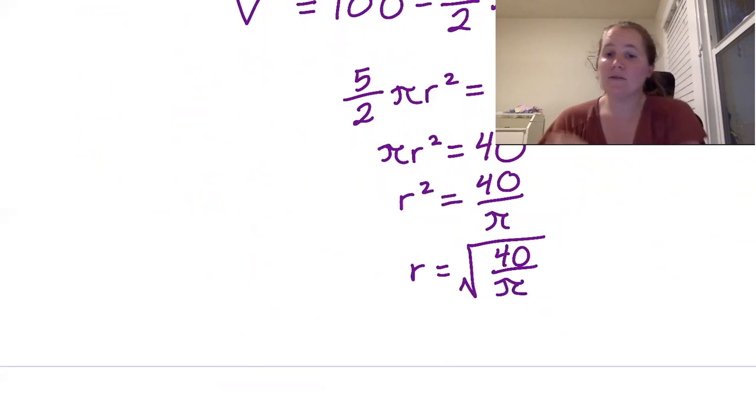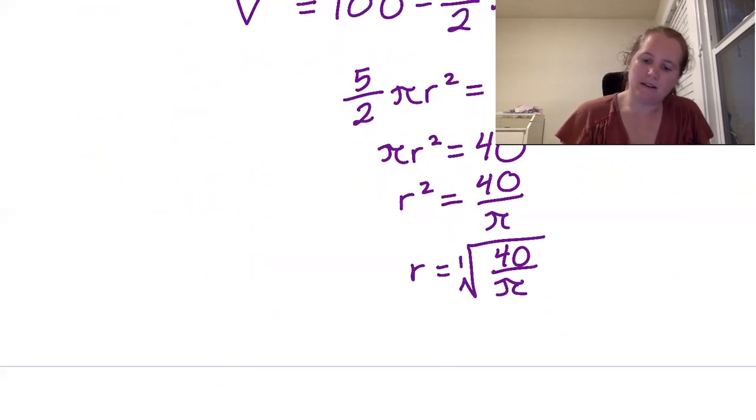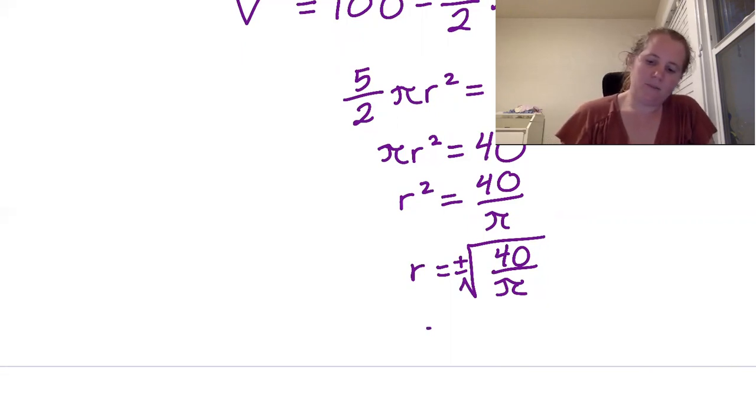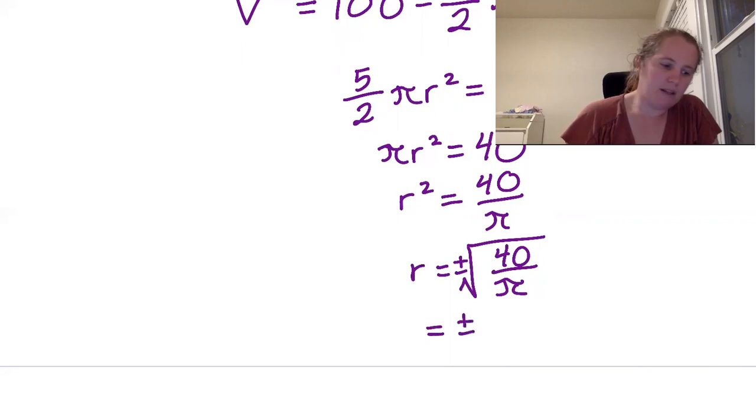I don't need the negative version because we know that r is between 0 and 3.46 is what we're interested in. Technically, the negative version is a critical value, just not in our window. So if we go ahead and take this square root of 40 over pi, this winds up being plus or minus 3.568.